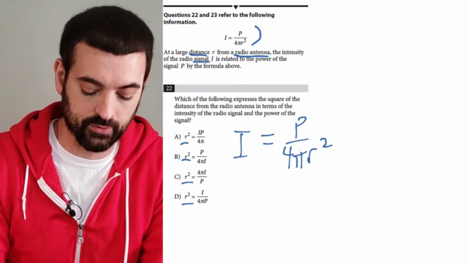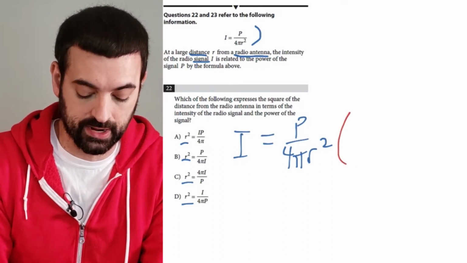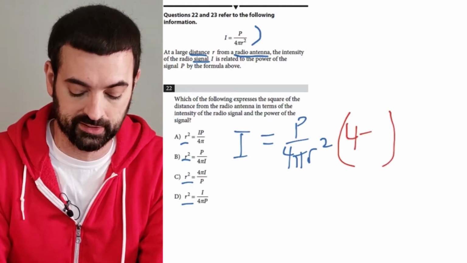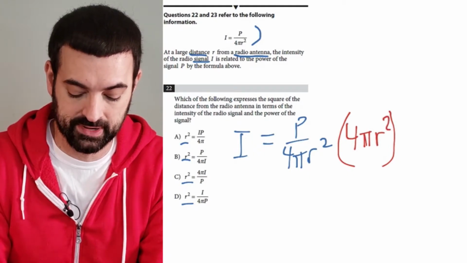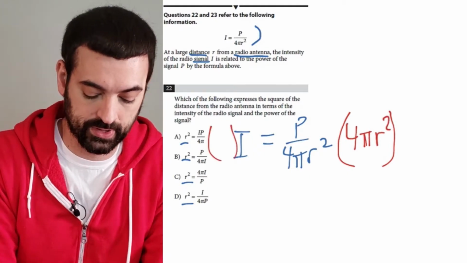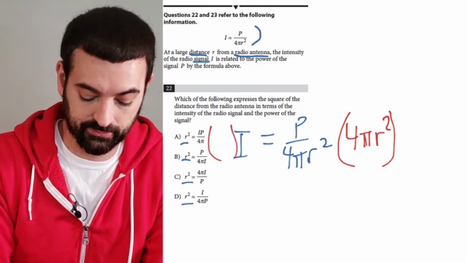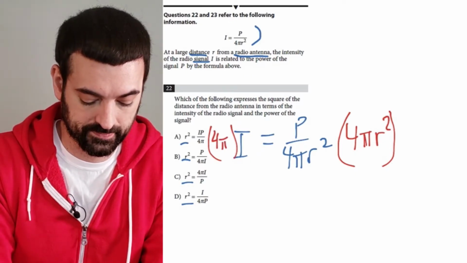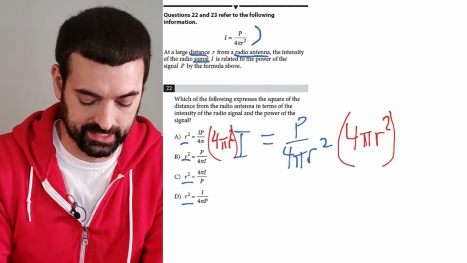And anytime I've got a ratio like I've got here, I want to get out of fraction land as quickly as possible. I'm going to multiply both sides by the denominator of that ratio, which is 4 pi r squared. Squeeze that in.